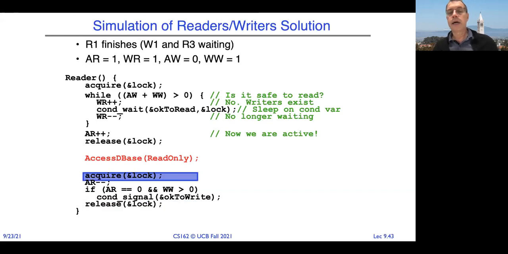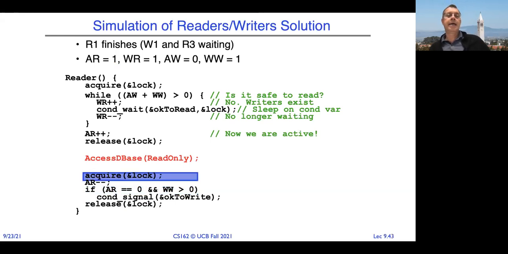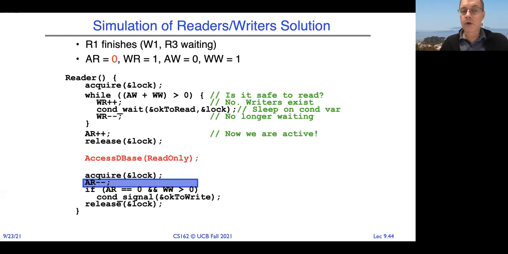Now R2 is done. Now say R1 finishes. It does the same thing: acquires the lock and decrements the number of active readers.